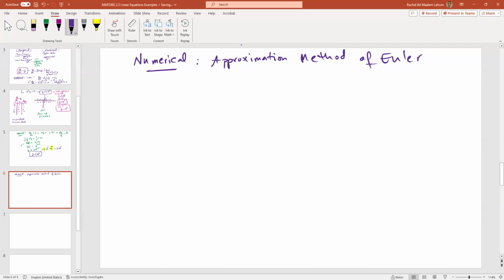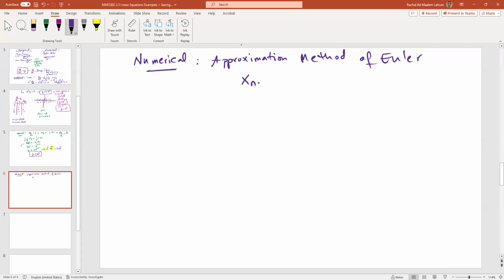And I think probably Euler used it to find the existence and the uniqueness of the solution. Then later on with the computers, you're like, oh, this is very handy. And there are other numerical methods that were made after that as well.